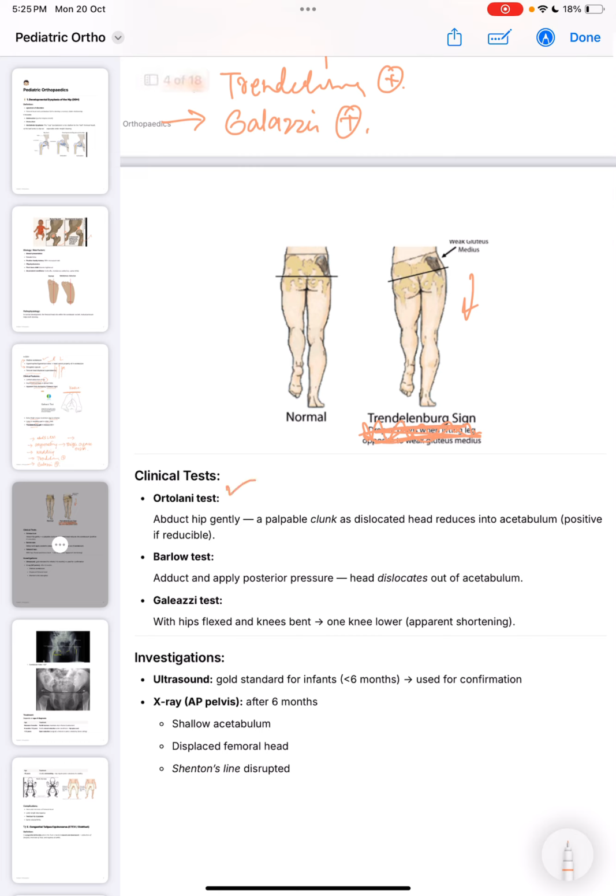The clinical test is Ortolani and Barlow's test. So Ortolani is basically you abduct the hip gently and a palpable clunk is heard as the dislocated head reduces into the acetabulum. This is a positive test.